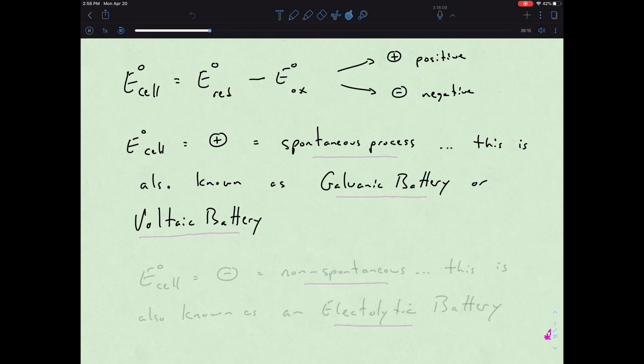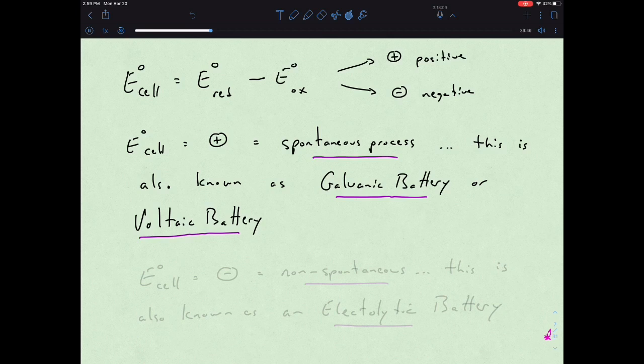If you look at the small Duracells, those are voltaic batteries on their labels. If you look at the bigger ones, like in the big flashlights, you'll see galvanic sometimes. Voltaic is definitely more of a current term than galvanic, but both mean the same thing: a positive cell potential, a spontaneous process.